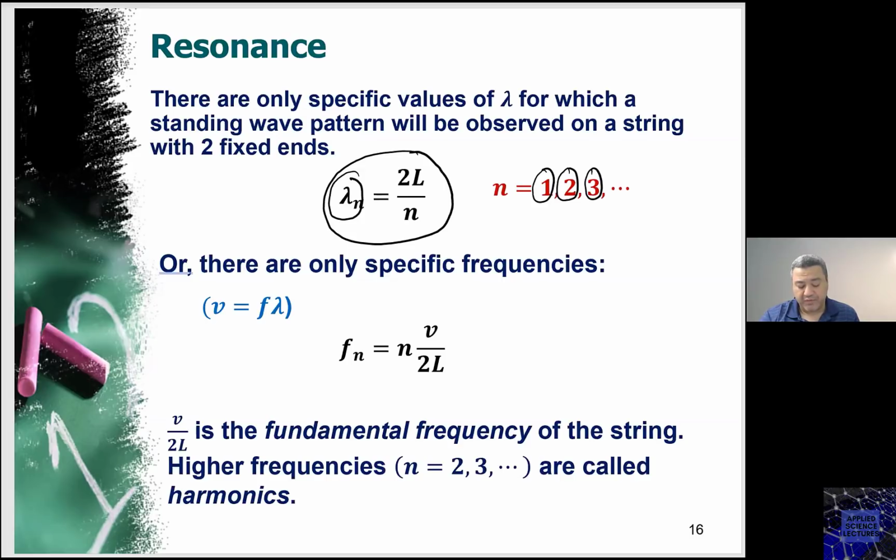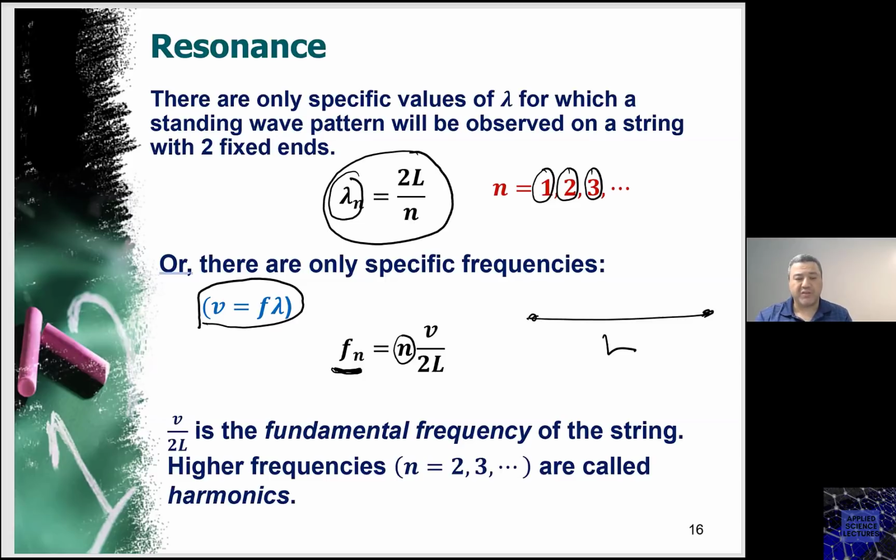Now, if V equals F lambda, then I can find the resonance frequency for a string that has a defined length: F equals n V over 2L.